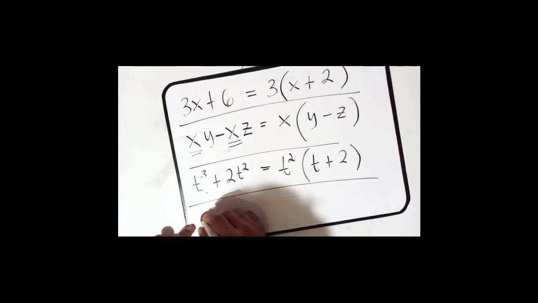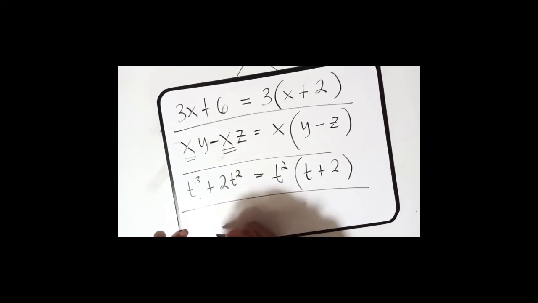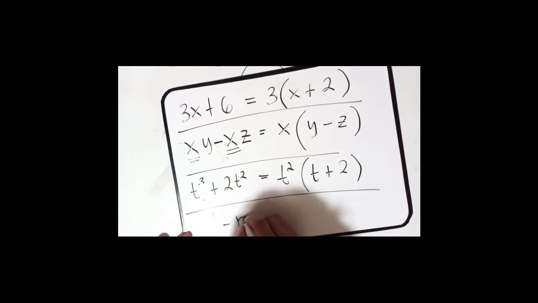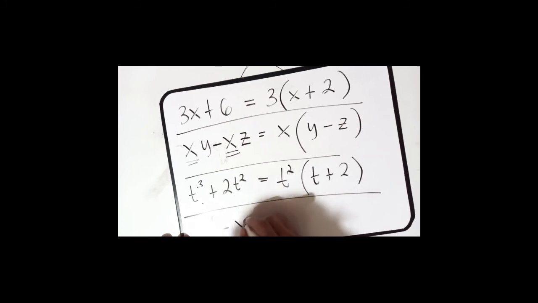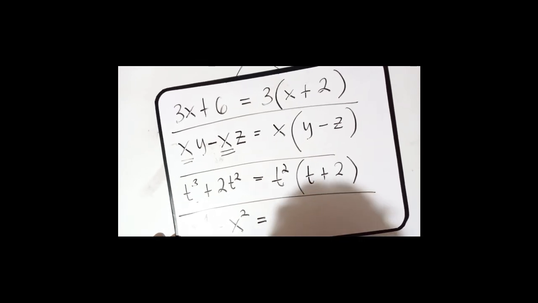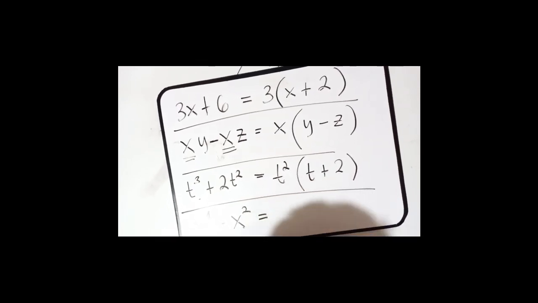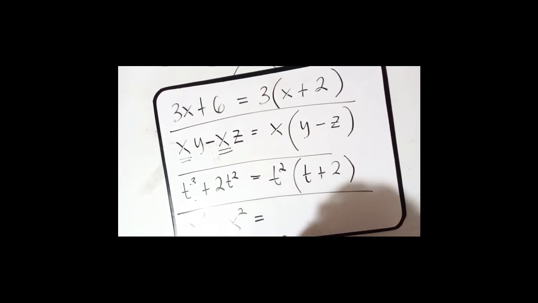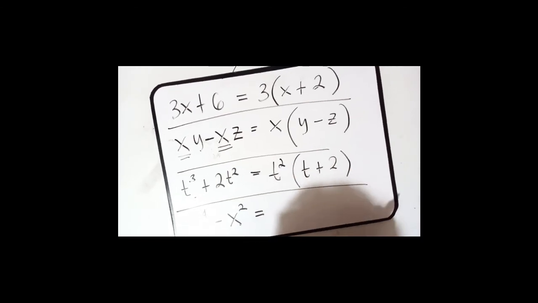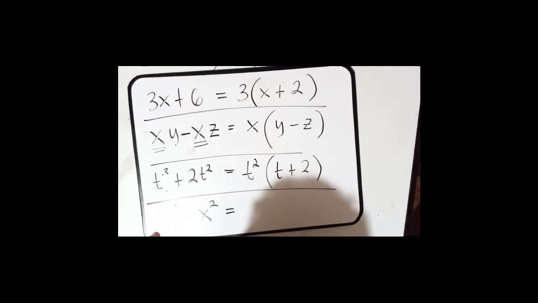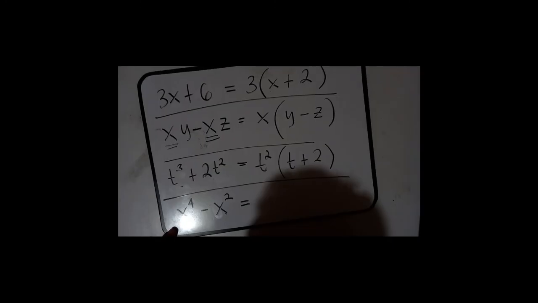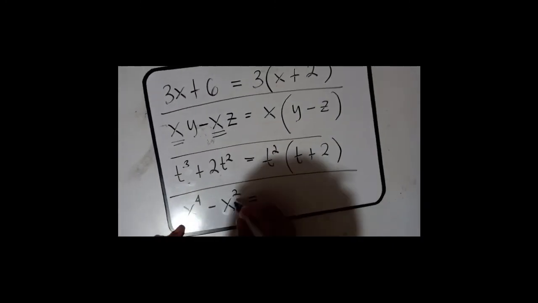Then let's have another example. Let's say x to the 4th minus x squared. Okay, so both terms are similar because we have x. Now the next step will be to identify the highest power that we can pull out from this expression. So maybe we can pull out x squared.